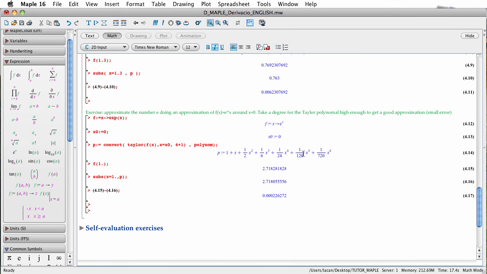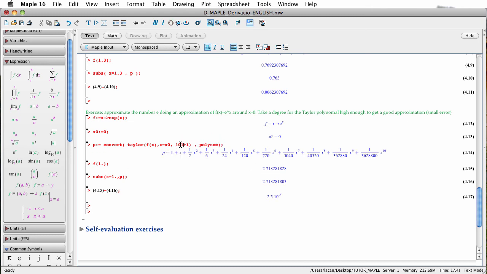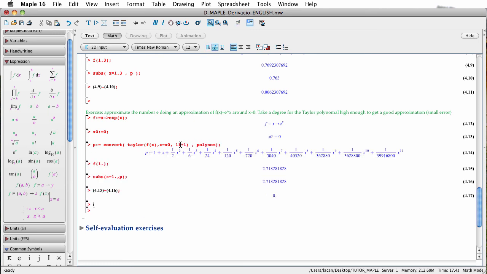Just by substituting 1 here, you get a really great approximation of the number e. If you want to look at how many terms you need, we go to order 11, and we get the same exact result as Maple.